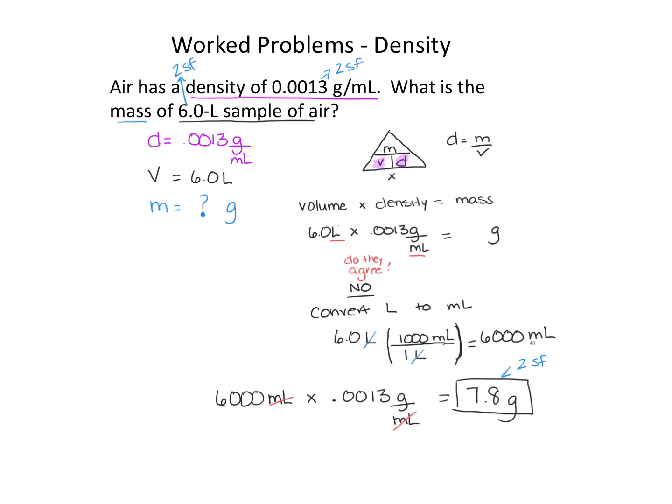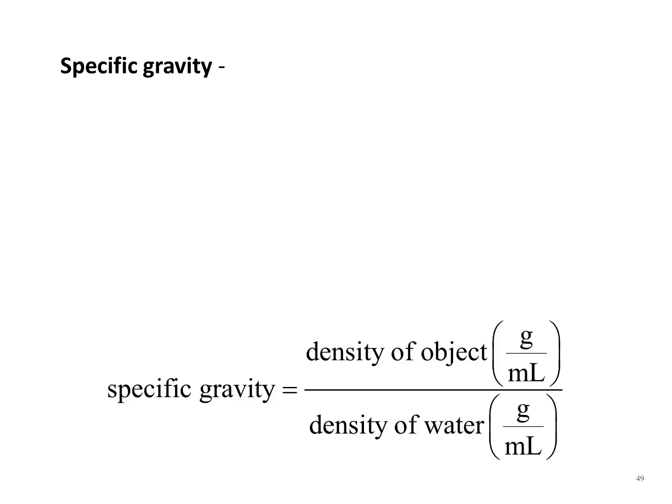So we've done several density problems. I want to talk to you a little about specific gravity. Values of density are often related to some sort of standard, and the standard a lot of times is water.